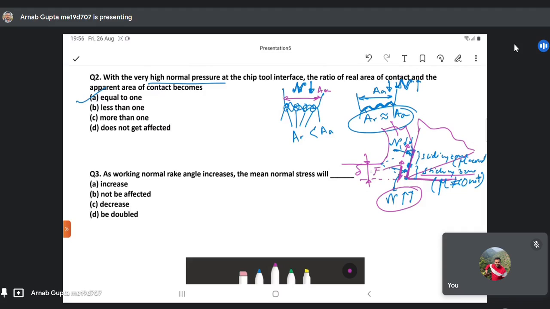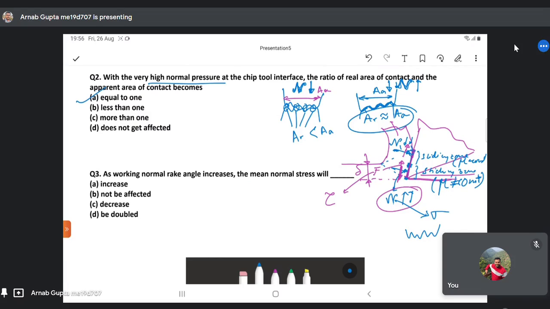So F is related to the shear properties of the material, shear stress, shear strength, and N, which is the normal force, is related to the compressive stress of the material or the compressive strength, not of the material per se, but of the surface. So the surface properties may differ from the bulk properties of the material.